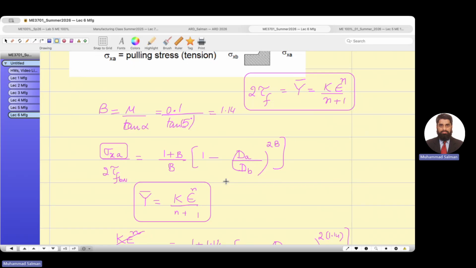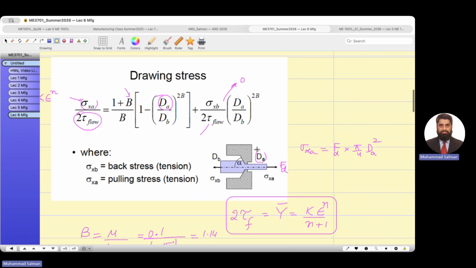And then stress equals internal pressure, force per unit area. Area, remember, is this side, not the back side. Area is the drawing side. Okay, you understood this point? And then from there, you can find out the drawing force. No, no. You have to assume only when it's not given.